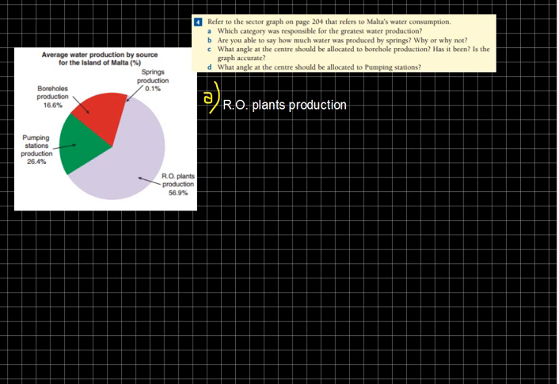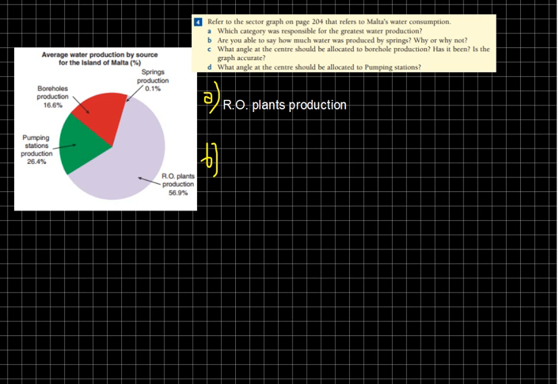Now, for part B, we must answer this. Are you able to say how much water was produced by springs? Why or why not? As we can see here, springs production is very small, 0.1%, but we cannot say in terms of liters or cubic meters how much water was produced by springs.